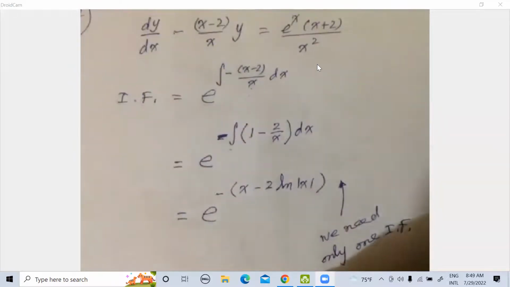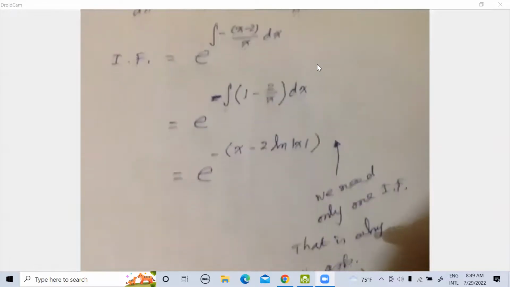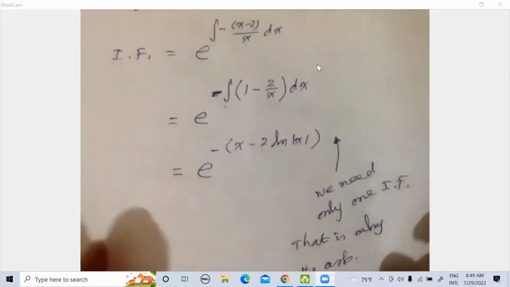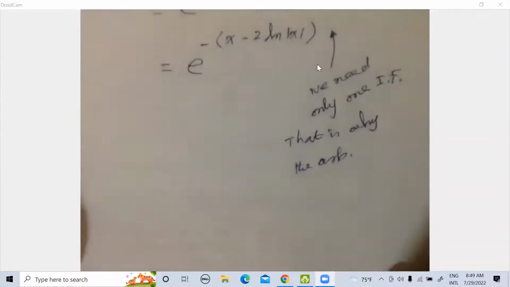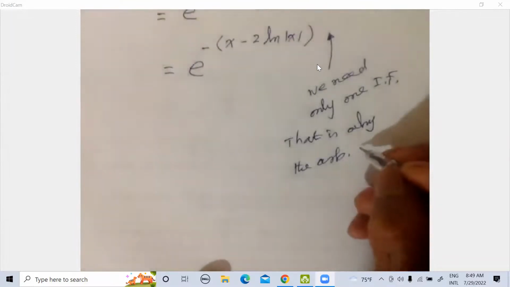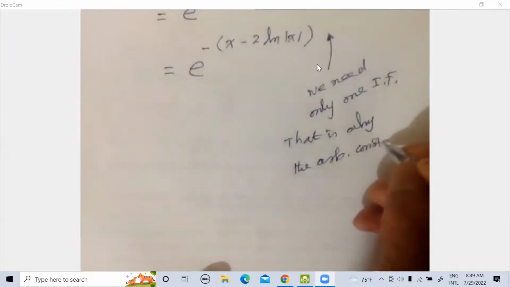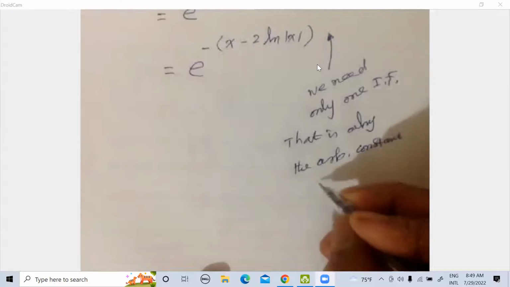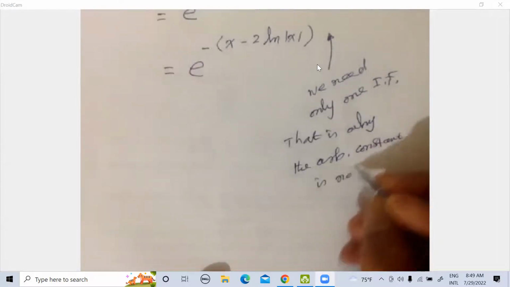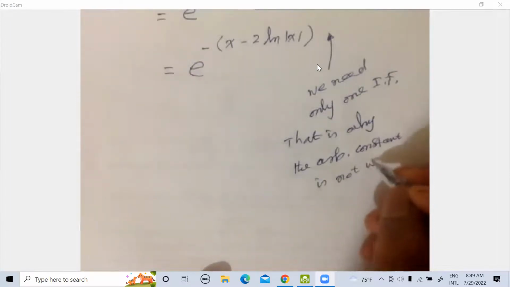That is why the arbitrary constant is not written.